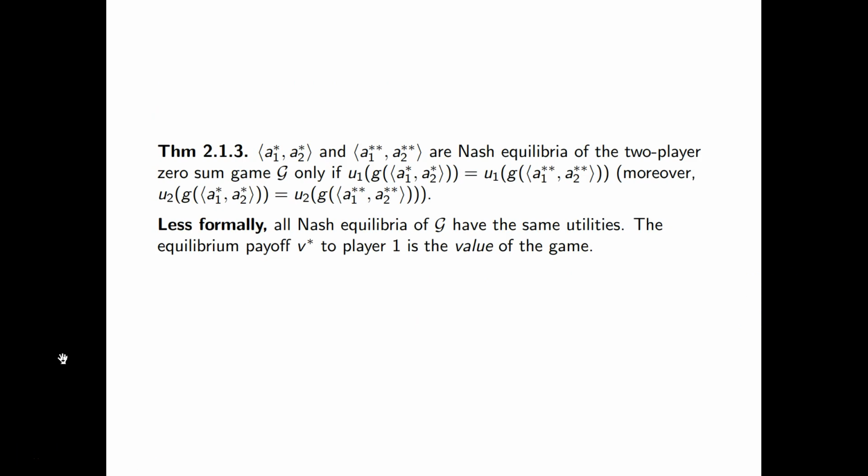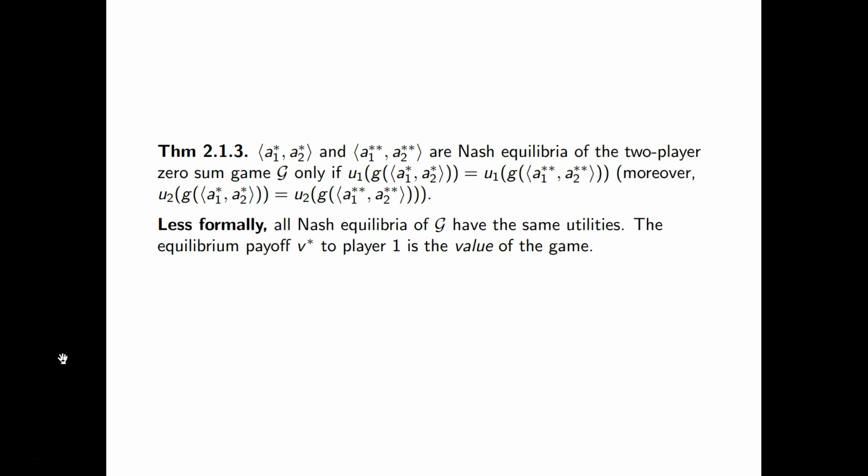And Theorem 2.13 just says that if A1 star, A2 star, and A1 double star, A2 double star are Nash equilibria of the two-player zero-sum game, then they are Nash equilibria only if they have the same utilities.